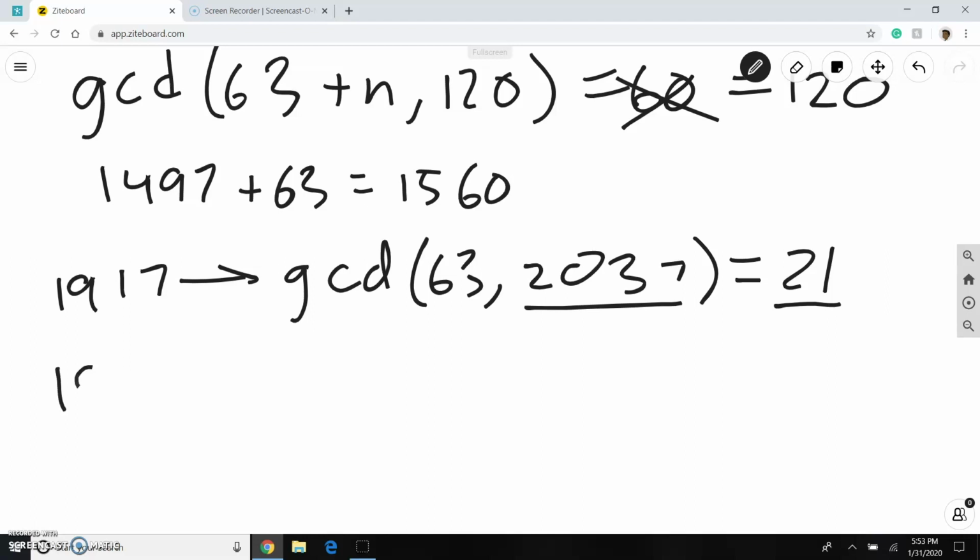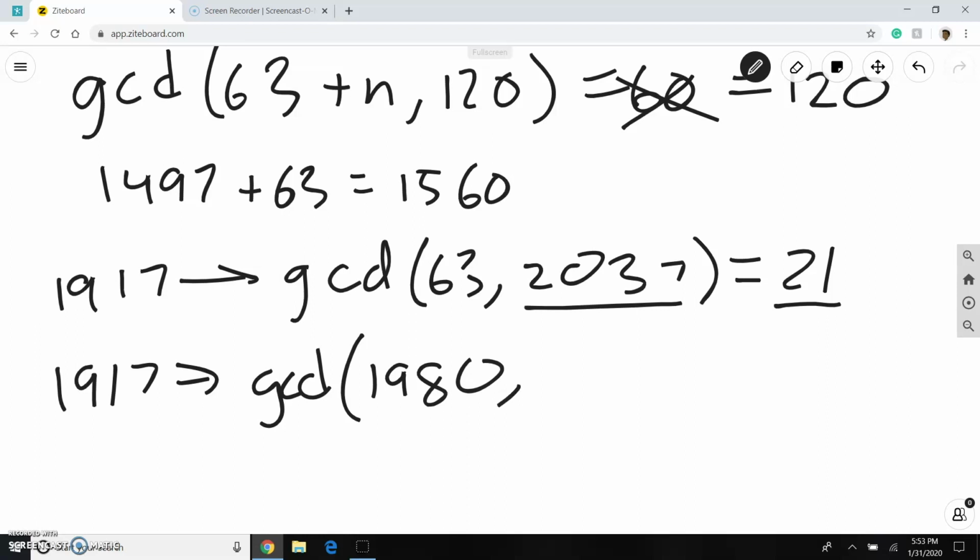And our second thing is GCD of, and when we add 1917 to 63, we get 1980 and 120. And this is also in fact equal to 60.